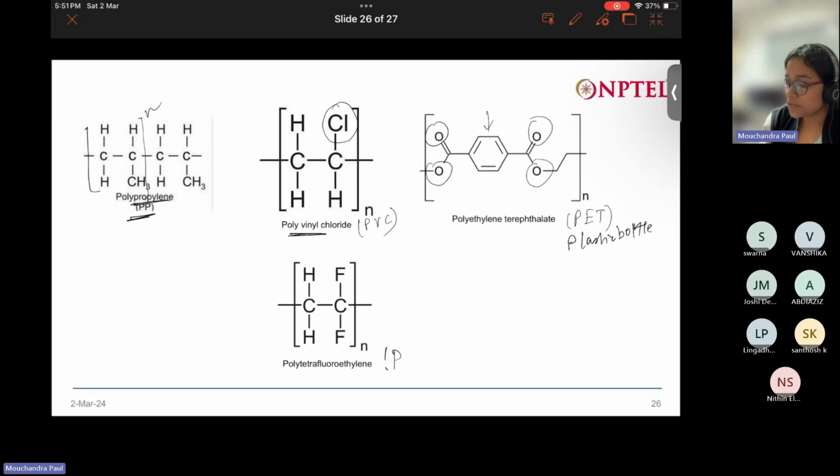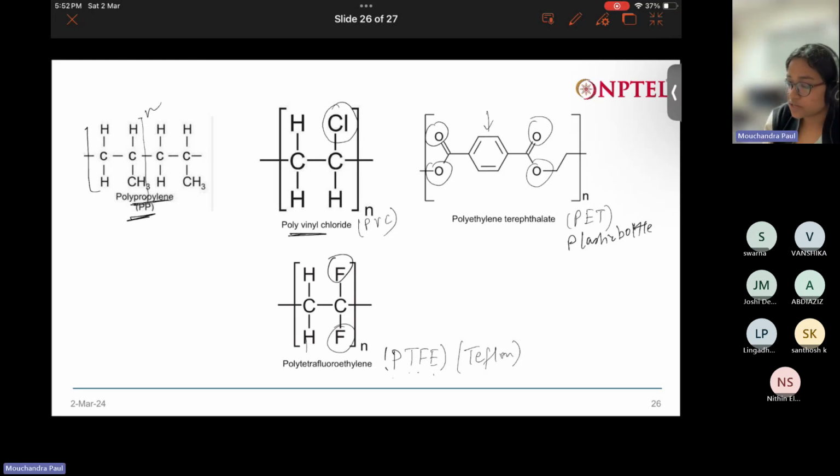Whereas PTFE, the commercial name is Teflon. Teflon coating you will find on various non-stick pans that you use for cooking food. This PTFE stands for polytetrafluoroethylene. Here, there are fluorine atoms present.